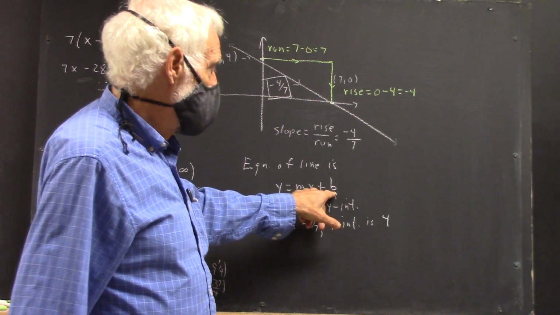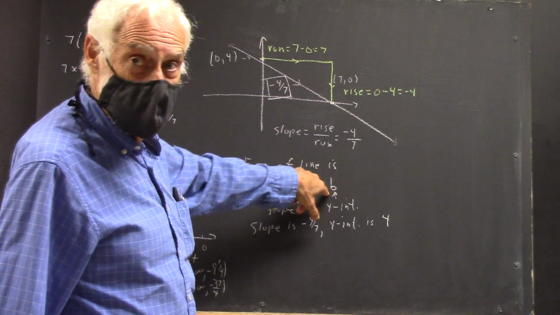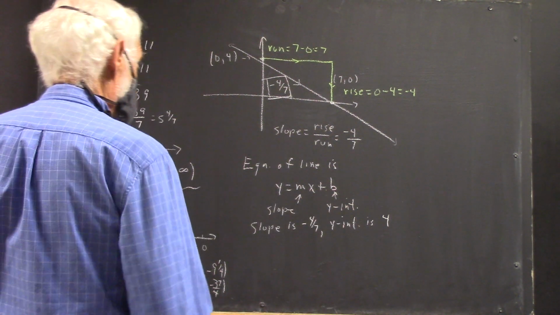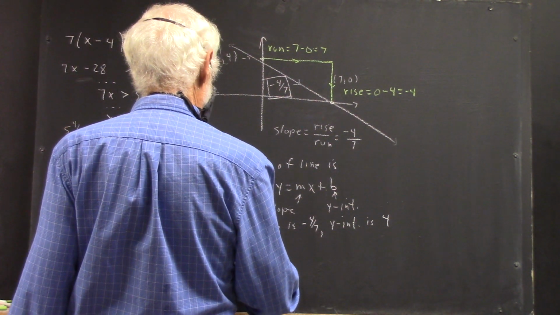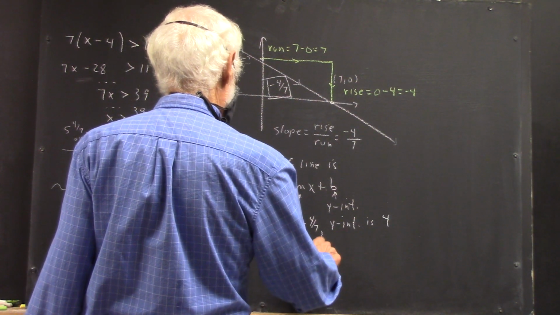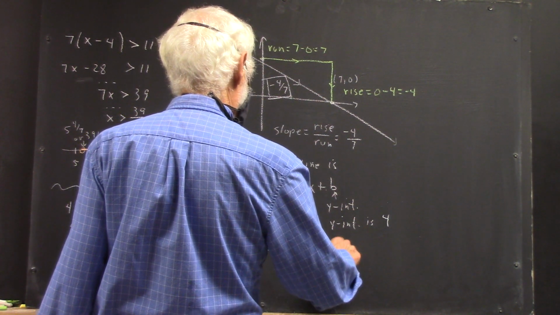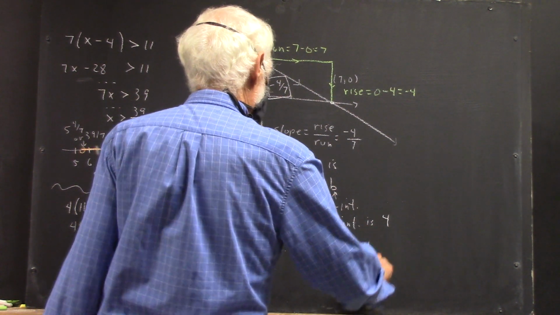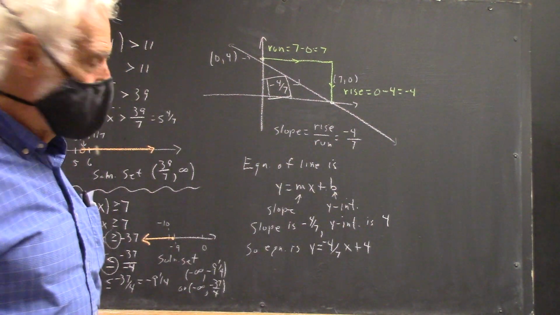When you're doing the equation, you don't want to put an ordered pair in for the y-intercept, right? You just put the number. So y equals negative 4/7 x plus 4.